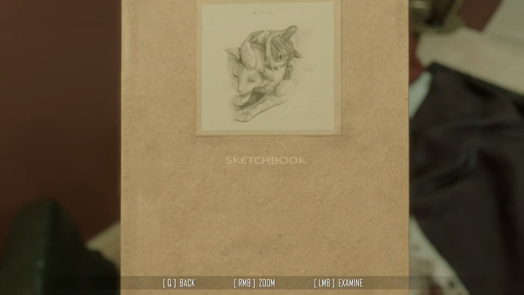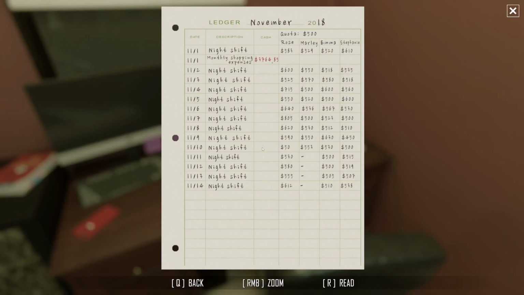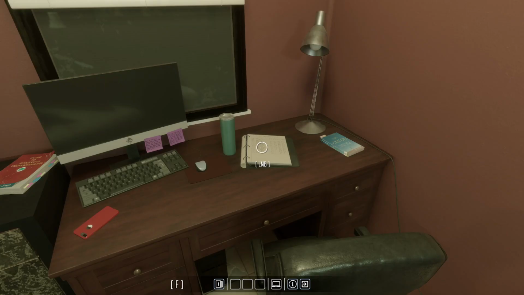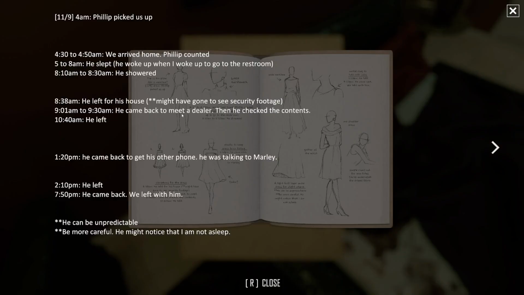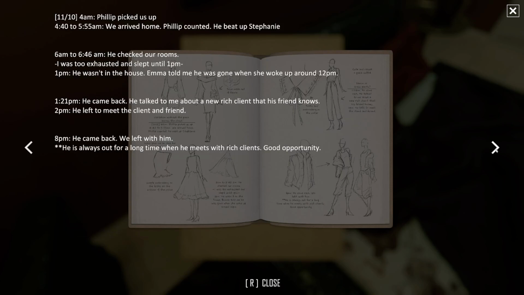10th of November. So I guess she wasn't beaten, because that would be noted. Anything else?